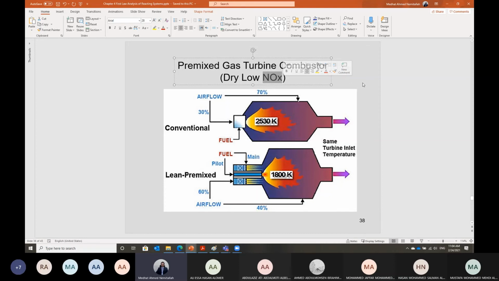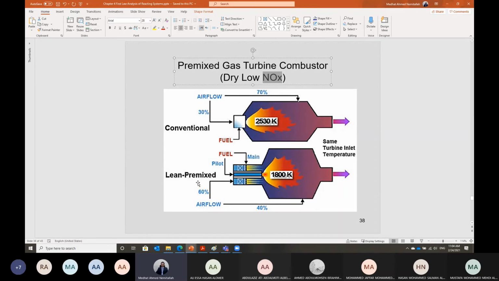But if you look here, shabab, for the conventional diffusion or non-premixed, we introduce about 30% of the air for the central combustion inside the combustion chamber, and about 70% of air comes around the combustor in order to cool down the combustion product.